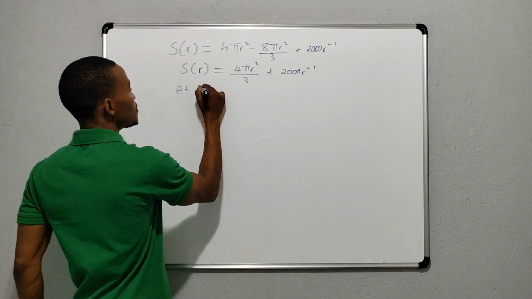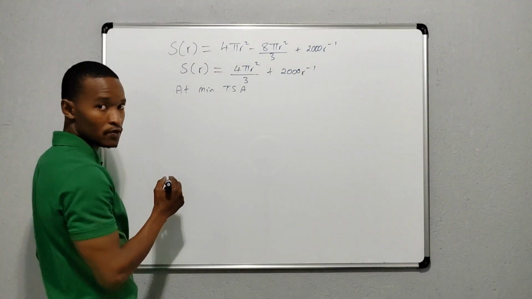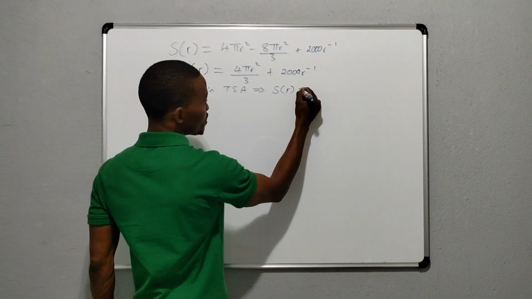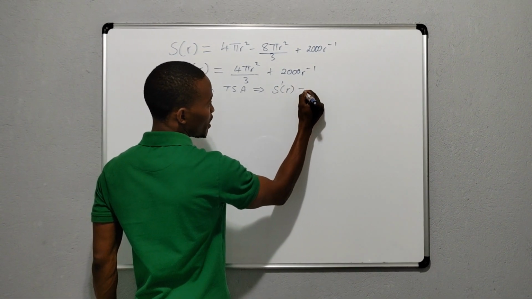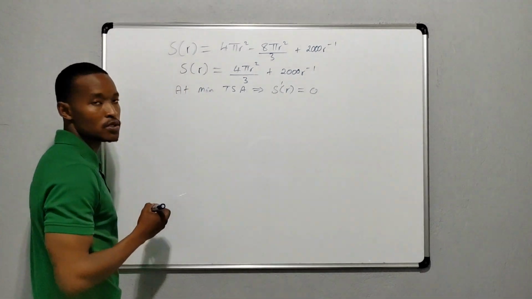So for minimum total surface area, what do we know? This implies that S prime with respect to r is equal to 0.